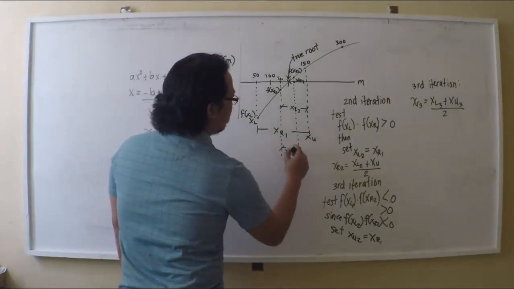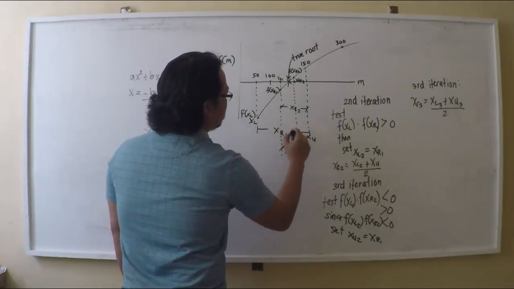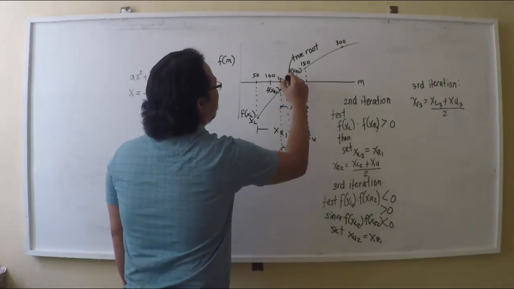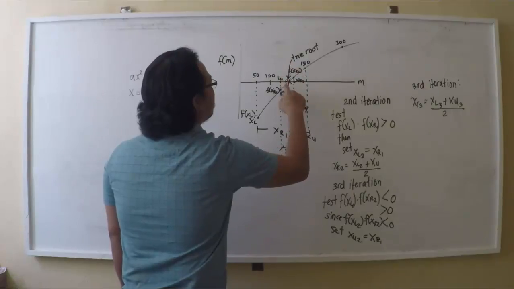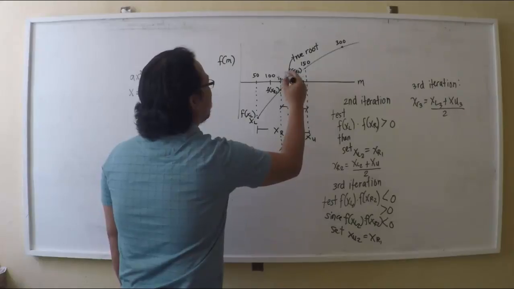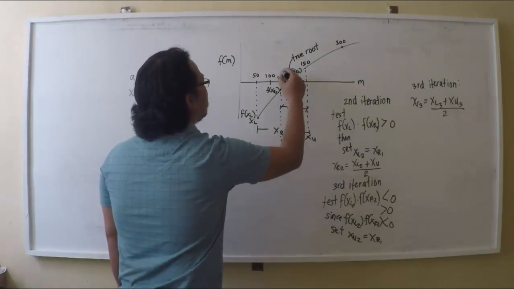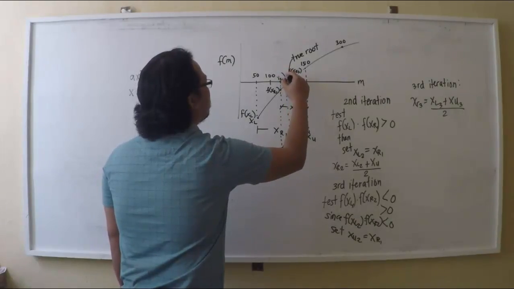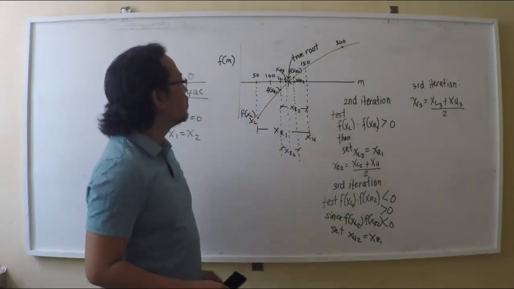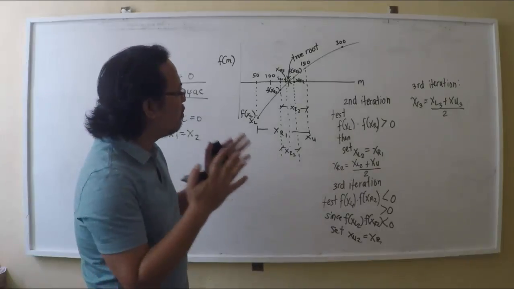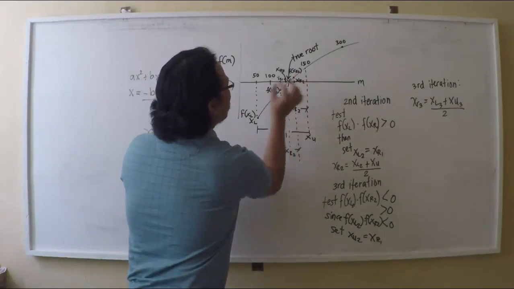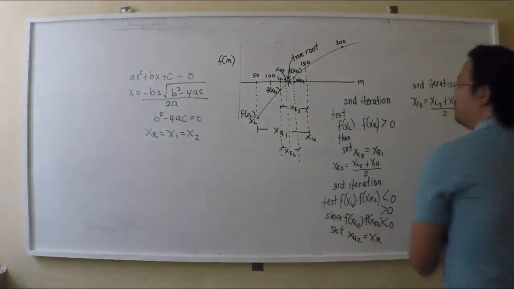If you look at the midpoint here, somewhere here, that is XR3. So you are moving now to the true root, and then the next boundary will be this one and this one. But anyway, we will just stop here.